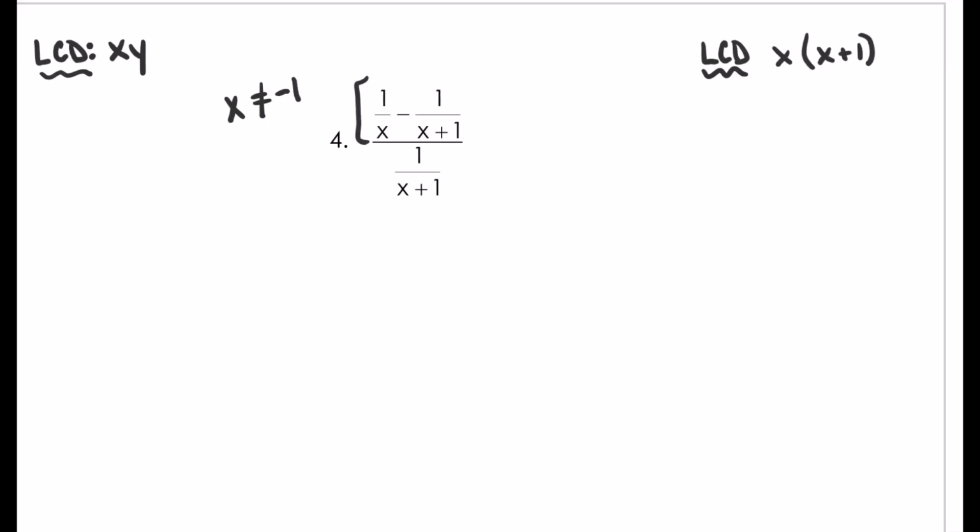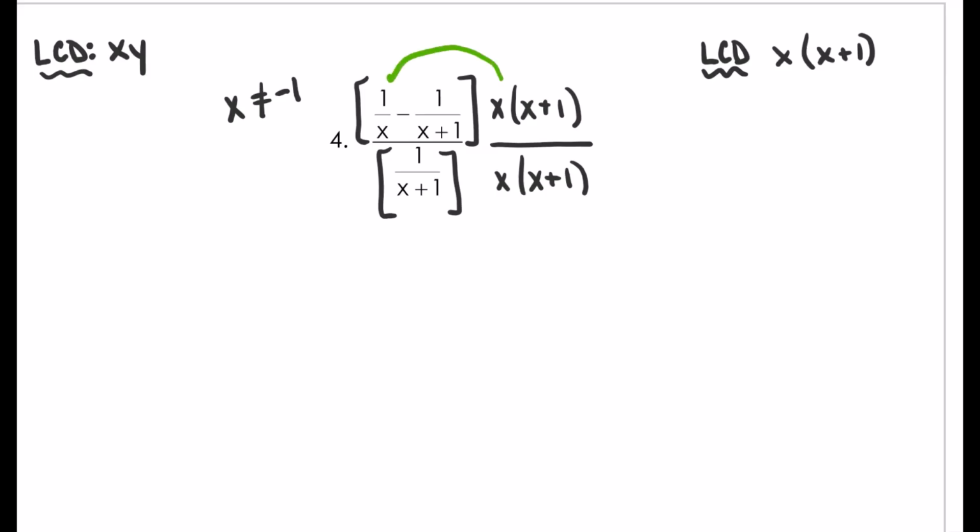So my entire numerator and denominator needs to get multiplied by that. Again, it's a distributive property step for each in the numerator. And then the denominator, it's just the one term. So I just multiply that together.